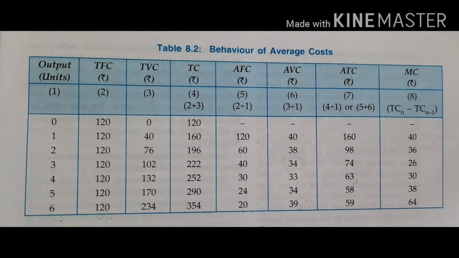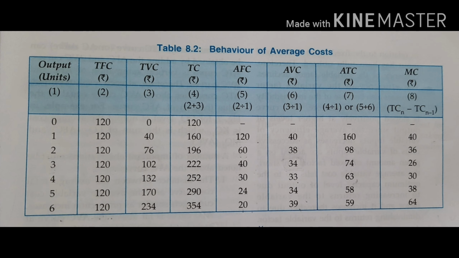From the calculation, we see that average fixed cost is falling throughout with an increase in output. And why is this so? Mathematically speaking, the definition says AFC is equal to TFC upon Q, so the numerator is TFC and the denominator is the number of units produced. The numerator is spread over larger and larger units.